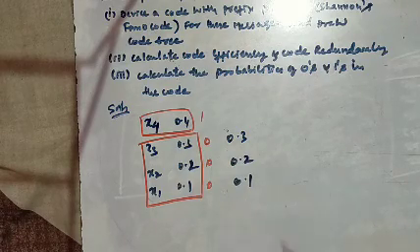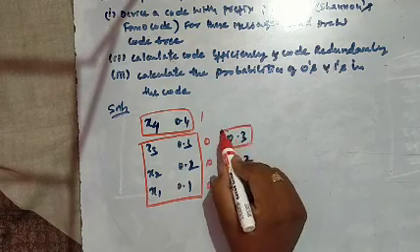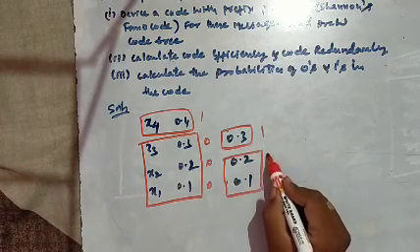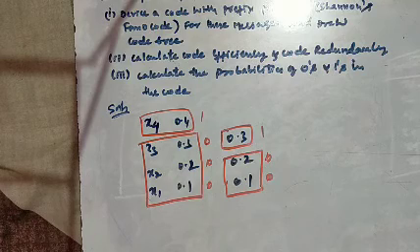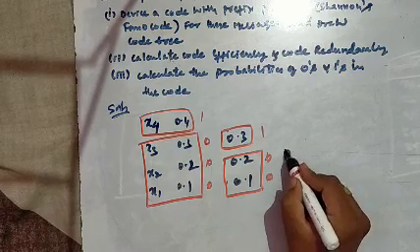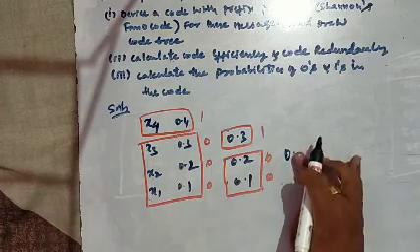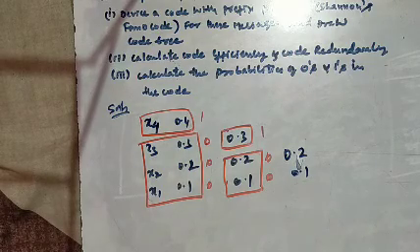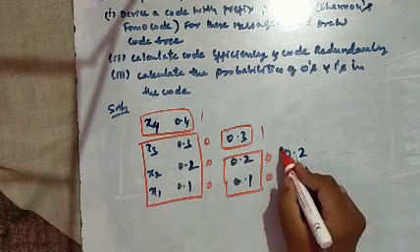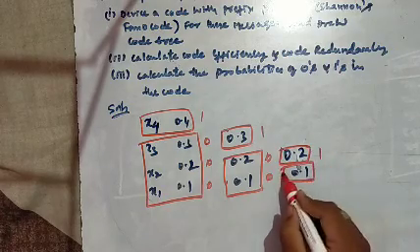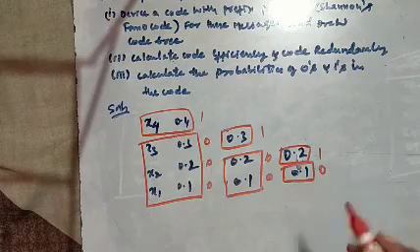I'll separate this into one block and the rest another, naming the upper one 1 and the bottom 0. Similarly, 0.3 cannot be split further, so we have 0.2 and 0.1 as the next block, with the upper one 1 and the lower 0.